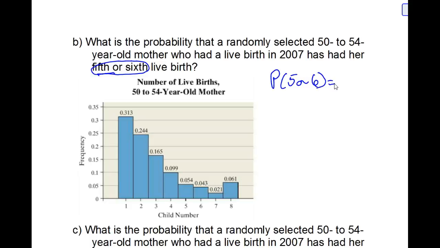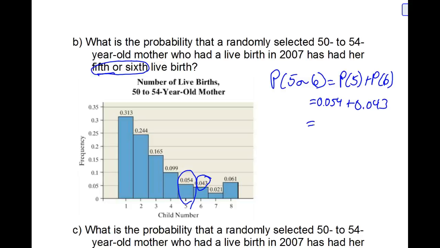So recall from our probability rules that that's the probability of 5 plus the probability of 6. And so the probability of 5 is 0.054, and the probability of 6 is 0.043.